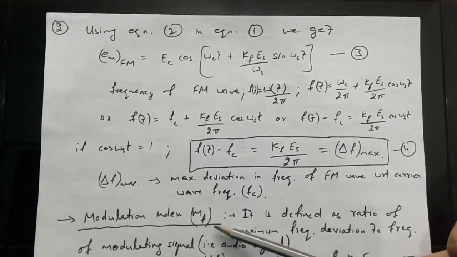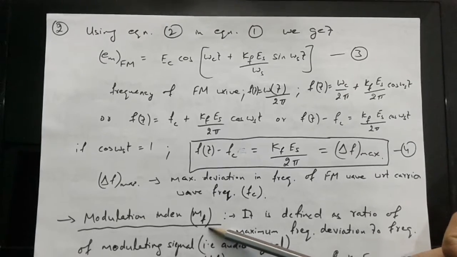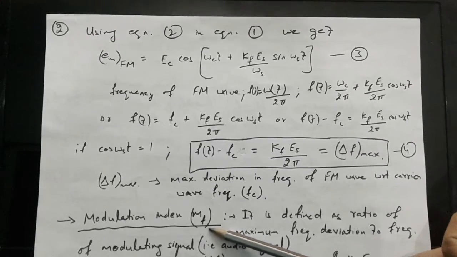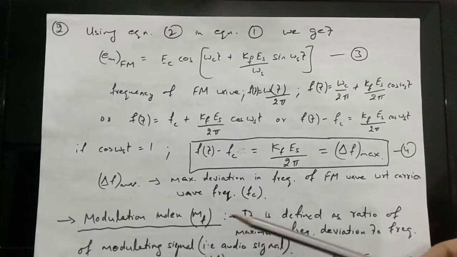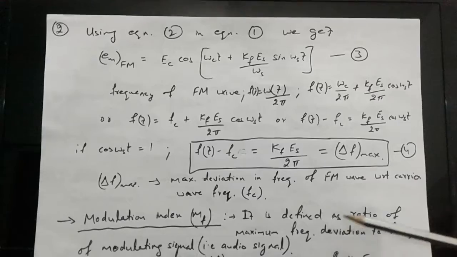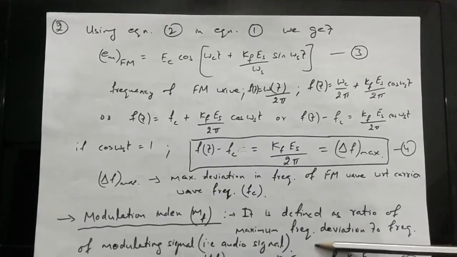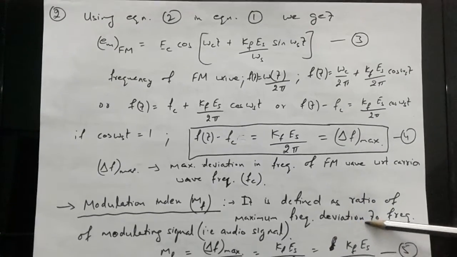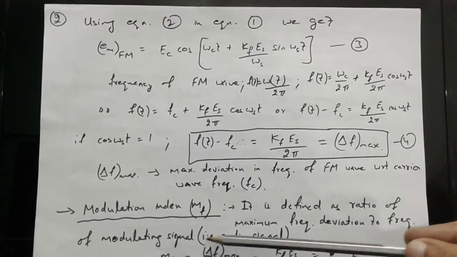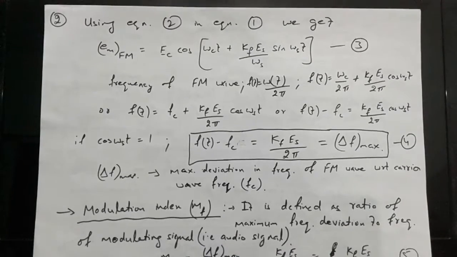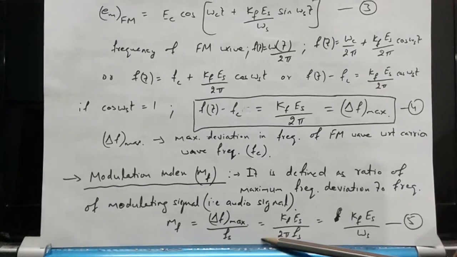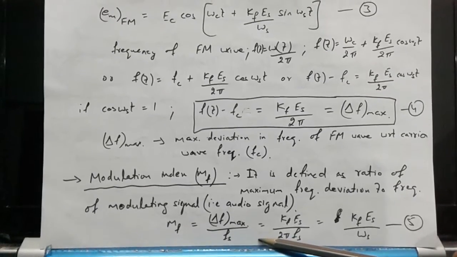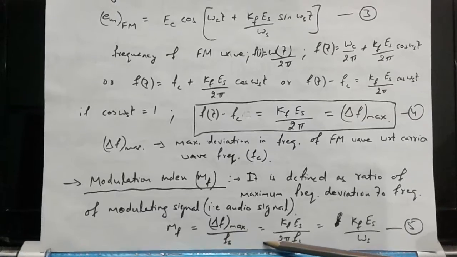Similarly, another term which we frequently use in this modulation chapter is modulation index. It is defined as the ratio of maximum frequency deviation to the frequency of the modulating signal. So you can easily find the value of modulation index, that is MF, equal to delta F maximum over Fs.